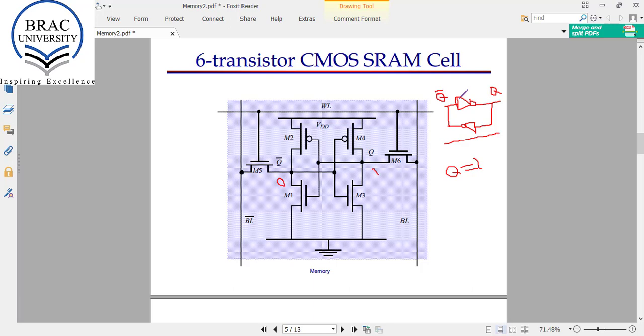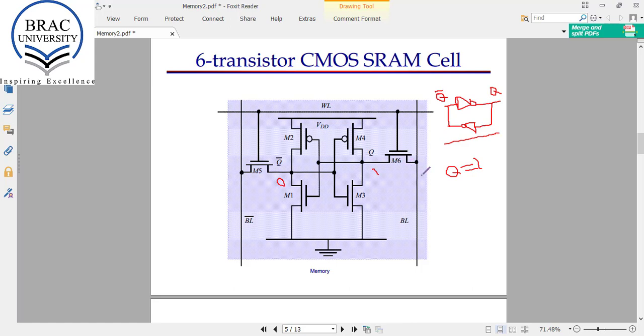Here M1, M2, M3 and M4, these 4 transistors are used for these 2 inverter circuits, and M5 and M6, 2 transistors, are used just to connect this memory cell with the bit lines.